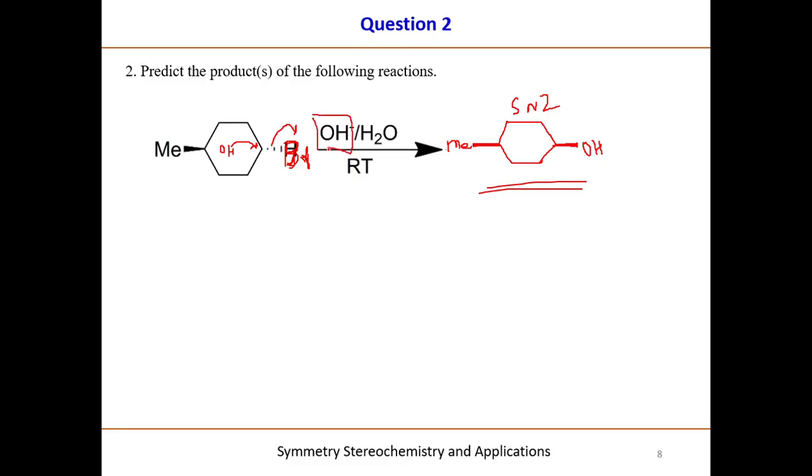Now, the second condition is H2O. In the second condition, H2O is used as a nucleophile. So what will happen? It will follow the SN1 pathway. That means first bond breaking, then bond making. So let's write down the product here. This is with H2O. Correct? What will happen first? This leaving group will leave and we will get the carbocation formation in the intermediate.